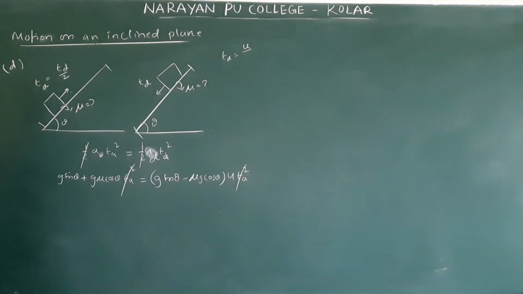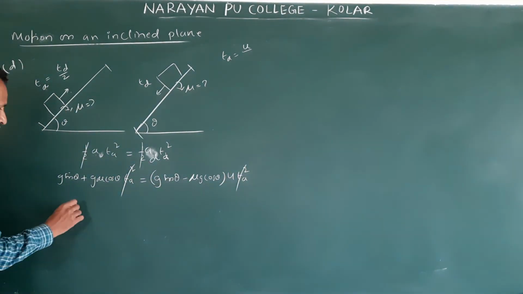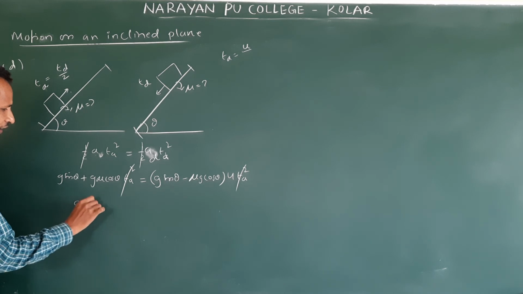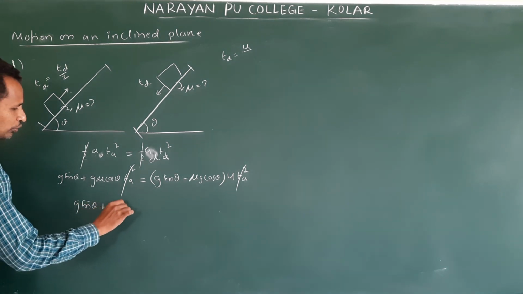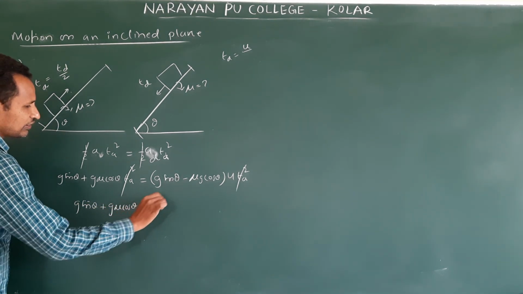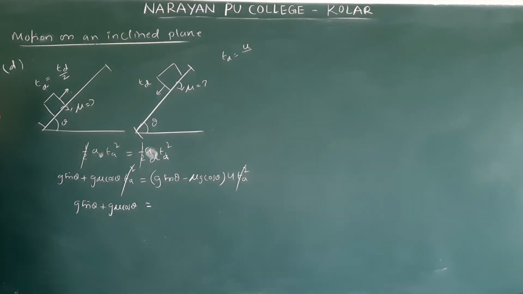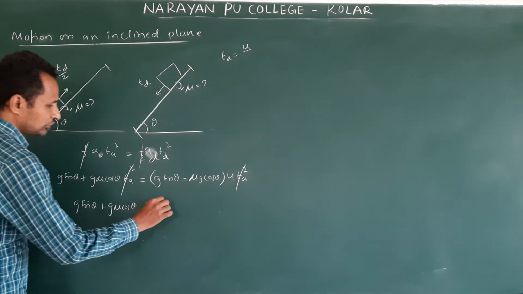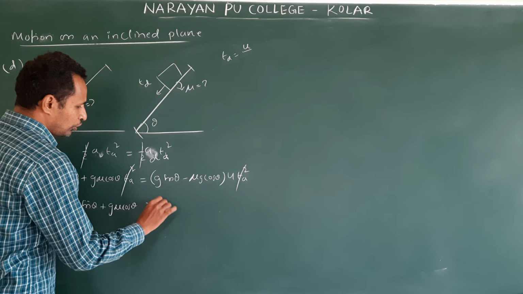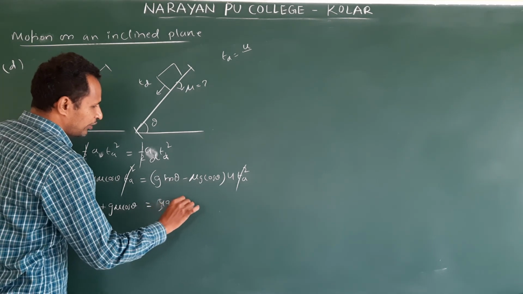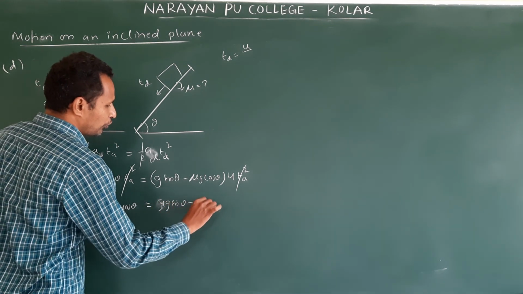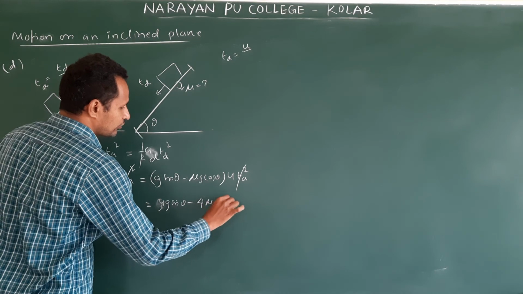TA square cancels. So we write g sin theta plus g mu cos theta is equal to 4 g sin theta minus 4 mu g cos theta.